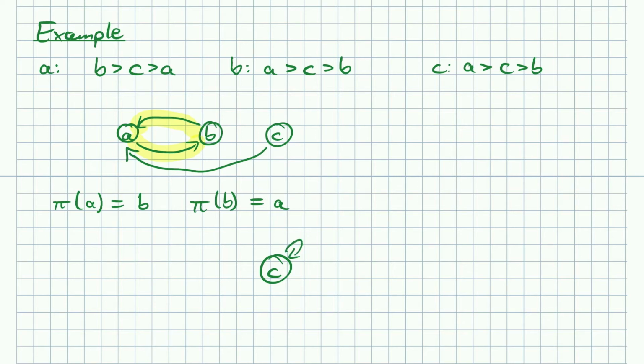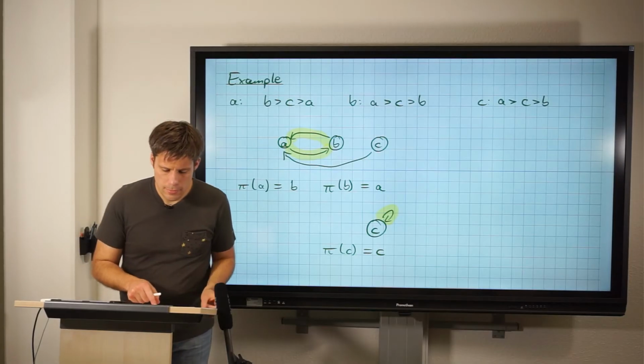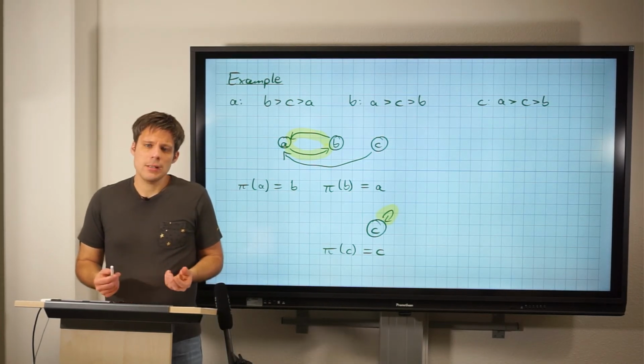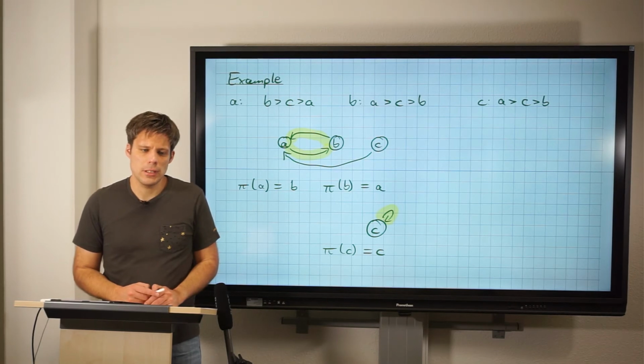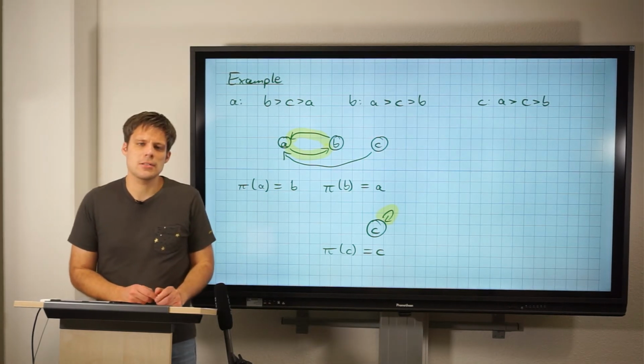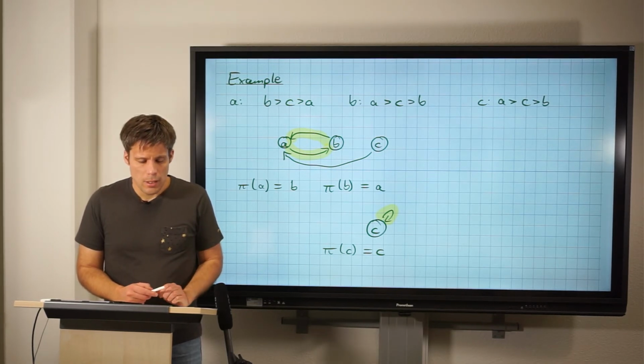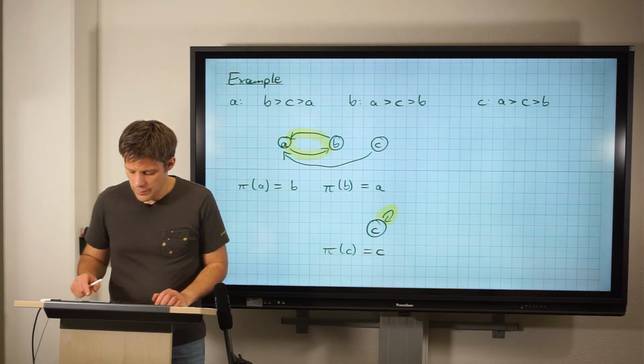Well, they have to prefer their own house, and so we'll also find again a cycle, and then we'll have that agent C will keep their house. And I now claim that not only here we're getting a stable allocation, but always, which means that there is no blocking coalition. Why that?